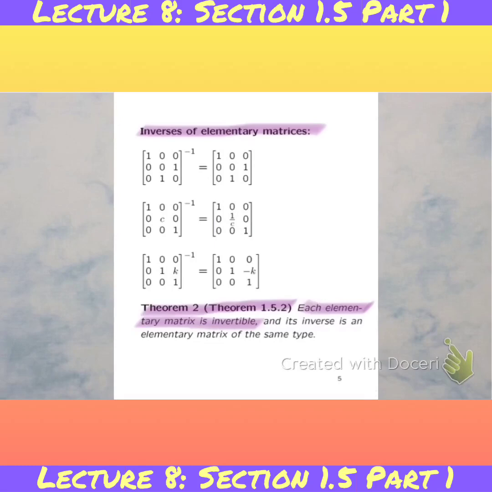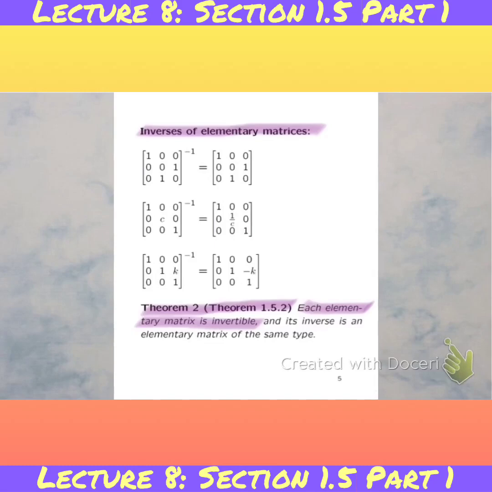And then whenever you get an elementary matrix that you multiply one row through by a scalar, the inverse of that matrix is just going to be the same one, but you're going to invert the scalar that you're multiplying through with.